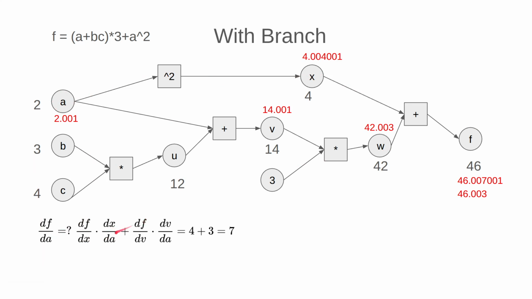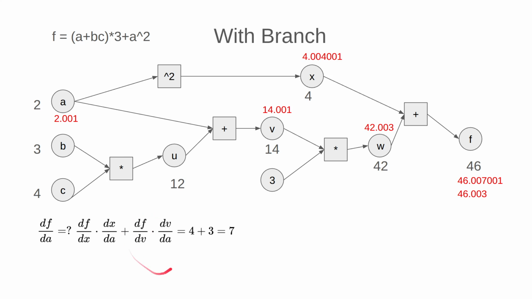For example, for the first branch, we decided some value and assigned it to the gradient of a. But when we traverse the second branch to here, we have another gradient, and we cannot just change the gradient of a to be this value, which would be incorrect.